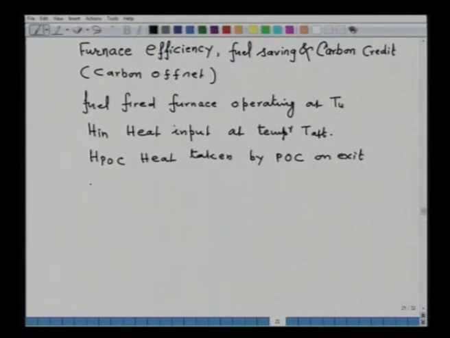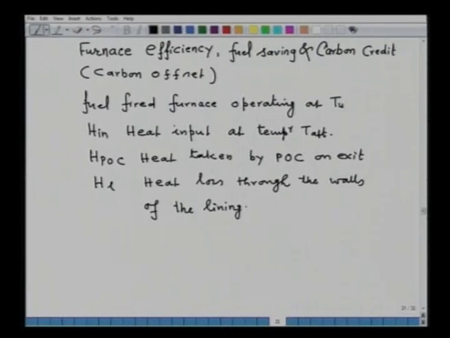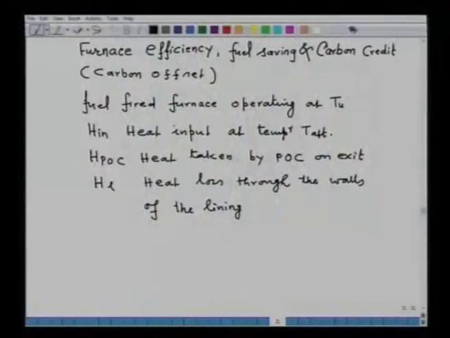A fraction of the heat is also lost through the walls of the lining. So, let us consider HL is the heat loss through the walls of the lining. Now, it is also important to tell the quality of the heat which depends on temperature, and let us see that HPOC, heat taken by POC on exit, is at temperature TPOC, and the heat loss through the walls of the lining is at TL.